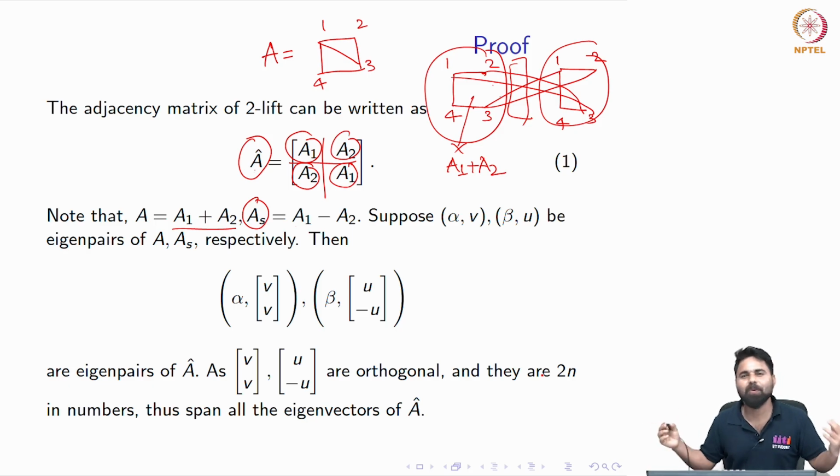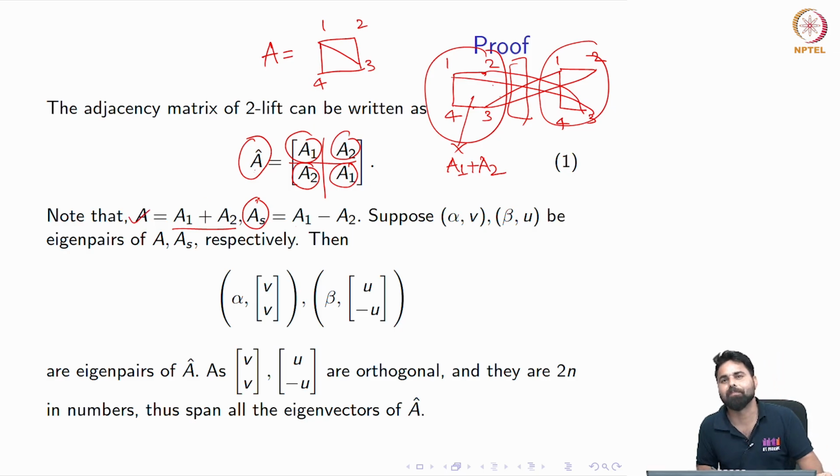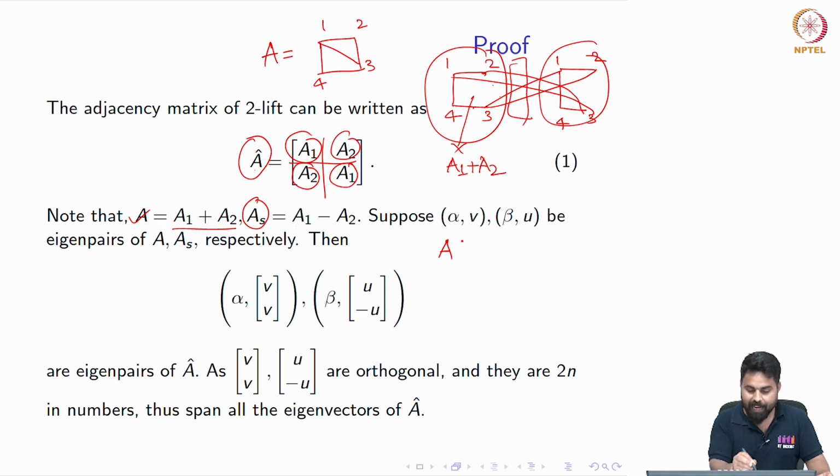Now, how to prove that the eigenvalues of A hat are nothing but the union of eigenvalues of A and AS? The proof is in front of you, very, very simple. Suppose alpha is an eigenvalue of A and the corresponding eigenvector is V, and similarly for AS, suppose U is an eigenvector corresponding to the eigenvalue beta.